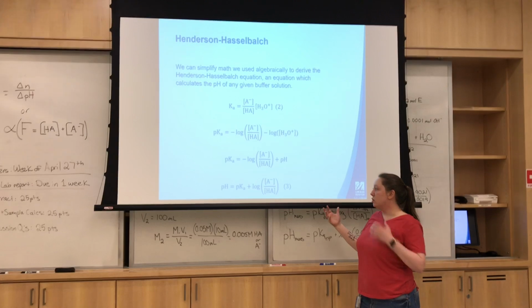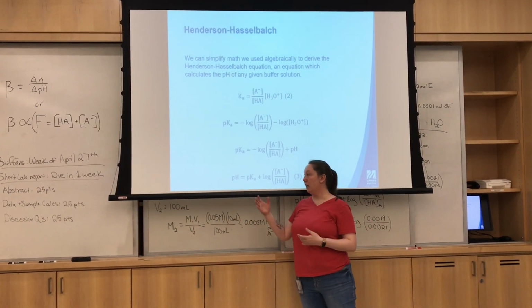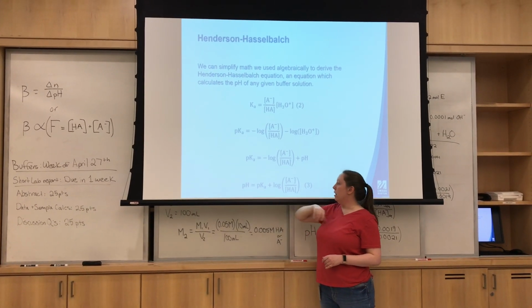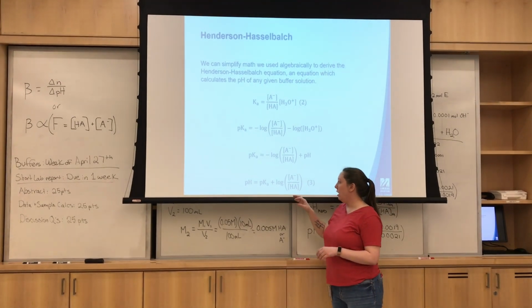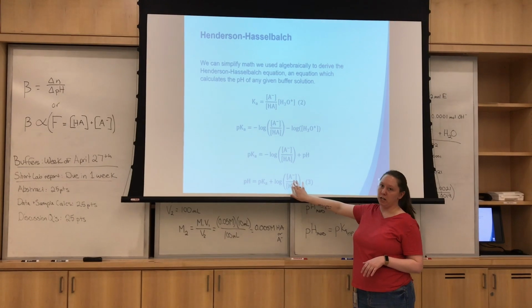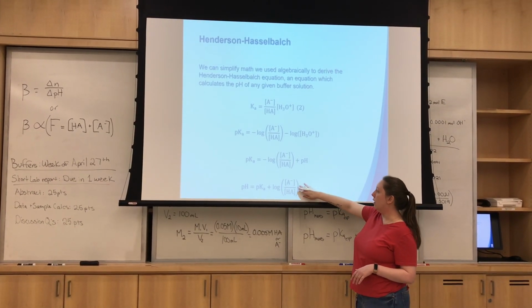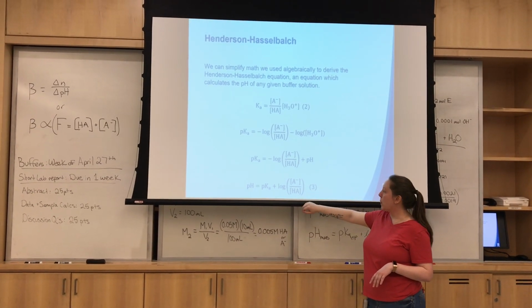So this essentially gives us the ability to experimentally measure pKa. When we have an unknown acid, we don't know what the acid is. We have known concentrations, so we know what concentrations of conjugate base and acid we have.